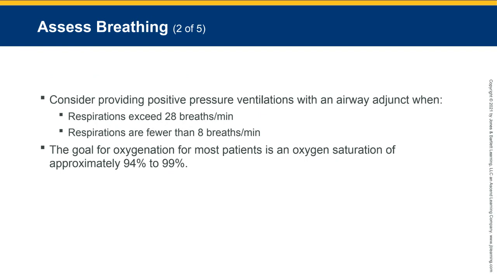Now, anytime you are going to make a decision to breathe for a patient, it should never be based solely on numbers. So if I am going to bag a patient, I cannot use numbers alone to determine if a patient needs to be bagged. I must consider the patient's level of consciousness.